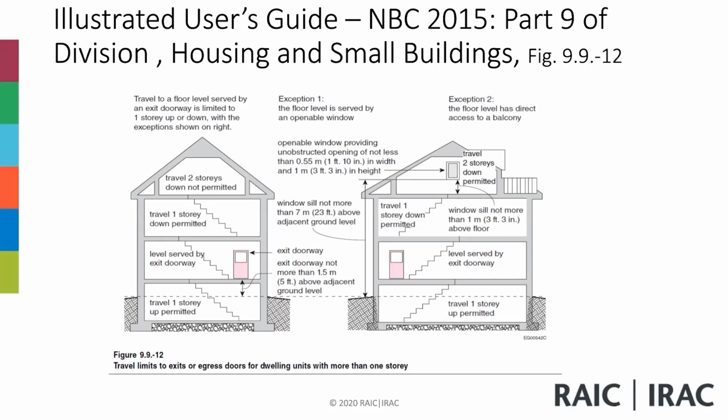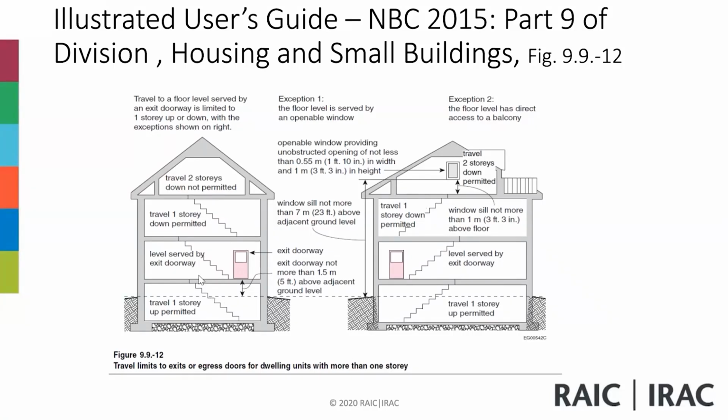Okay, egress from houses. Travel limits on exits or egress doors for dwelling units with more than 1 story. You're permitted to travel 1 story to an exit, but travel 2 stories down is not permitted to get to an exit, of course if it's an occupied floor area. Where the level is served by an exit doorway, 1 exit is permitted.